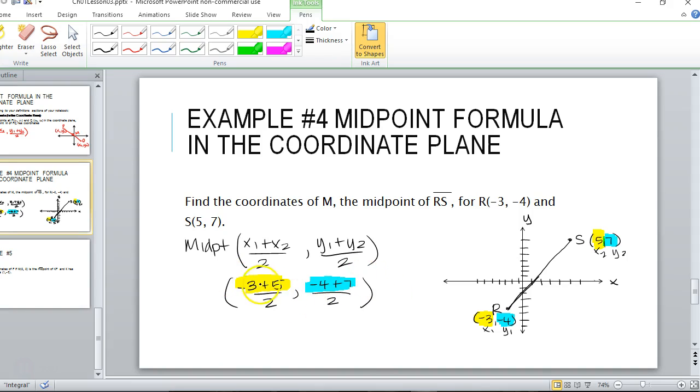And then we simplify. -3 plus 5 is 2, and then we'll divide that by 2. -4 plus 7 is 3, and then we'll divide that by 2. So the midpoint is 1. 2 divided by 2 is 1. 3 divided by 2 is 1.5. So that's the midpoint.